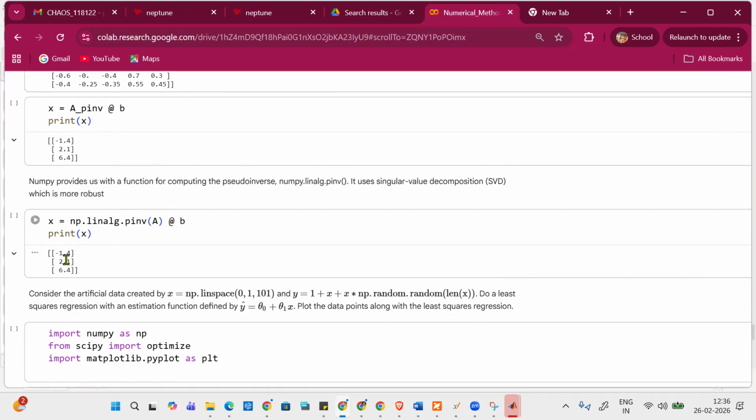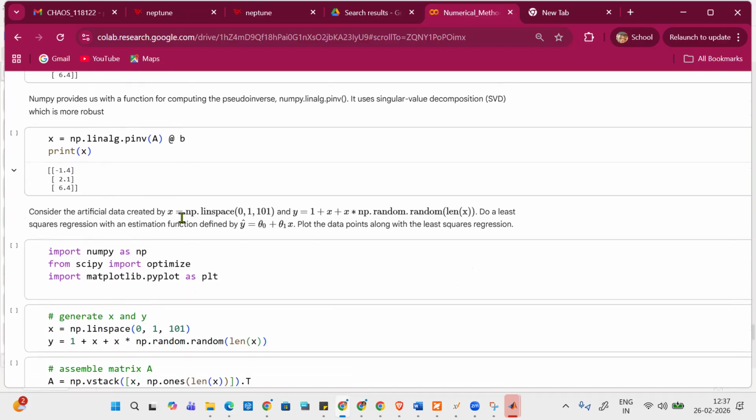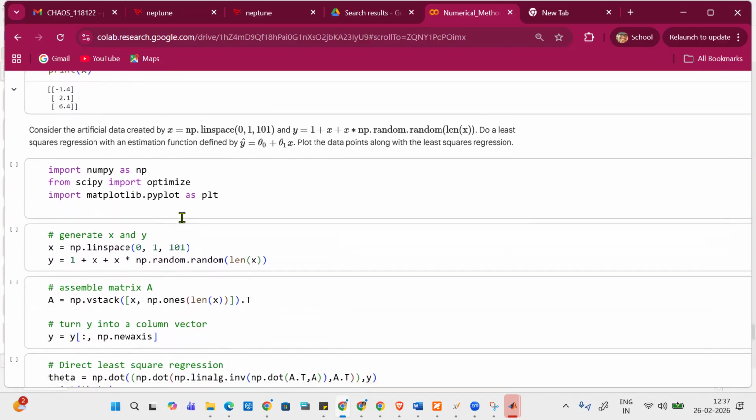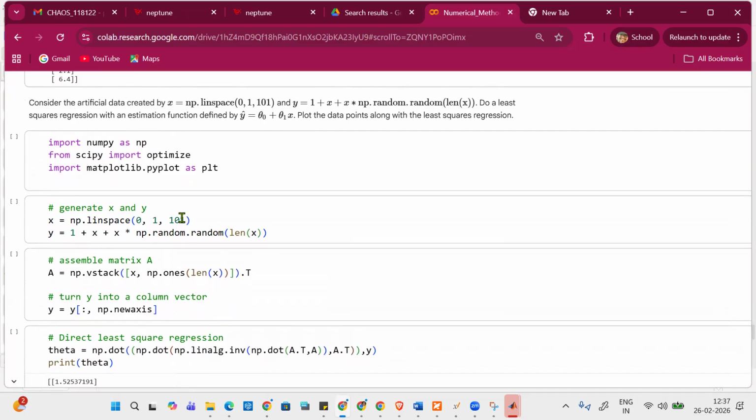Compare this answer with this answer. The same answer you are getting. Can you understand now? So with just one line, you can get your regression formula. You don't have to do a lot of steps. That's the computational power.